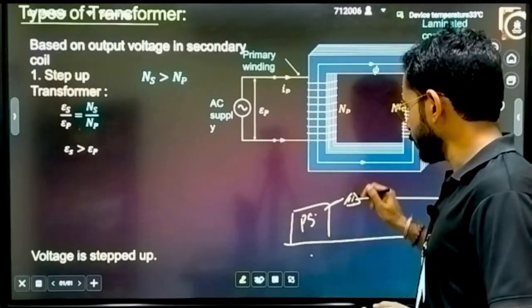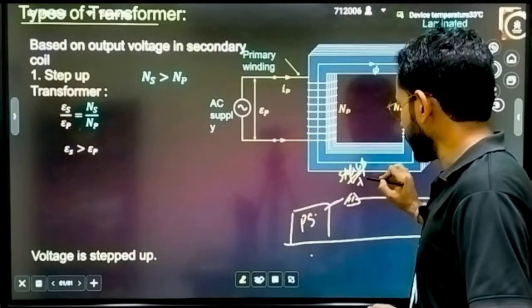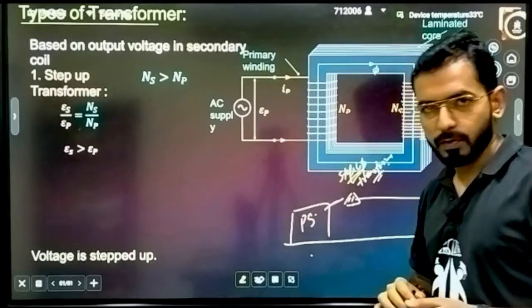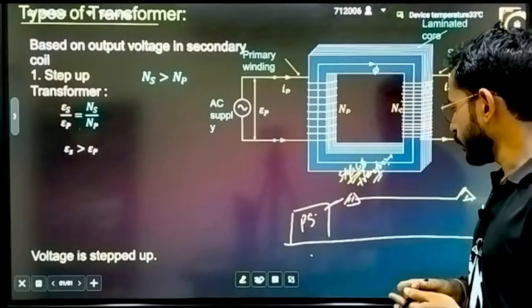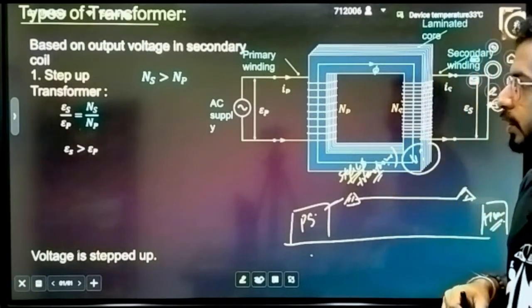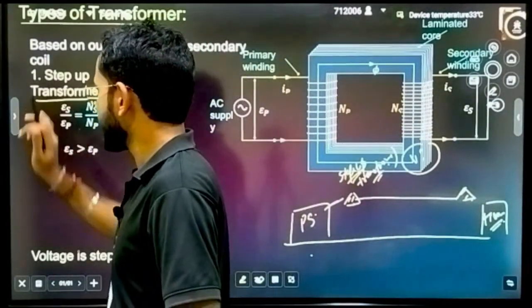So what we do is use a step up transformer here at this place to increase the potential. You can see the secondary EMF will be higher. This is the step up transformer.